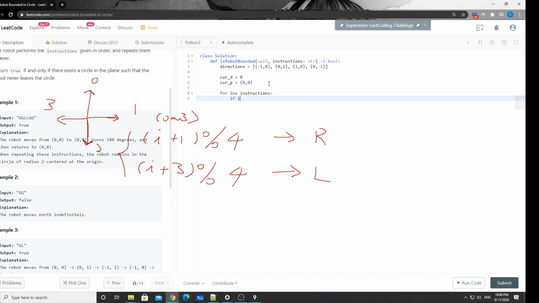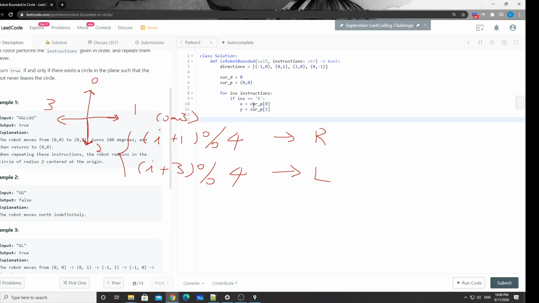Okay, if the instruction is equal to G, so what does G mean? We just follow the current direction and move by 1 unit. So x is the current position's index 0, y is the current position's index 1.